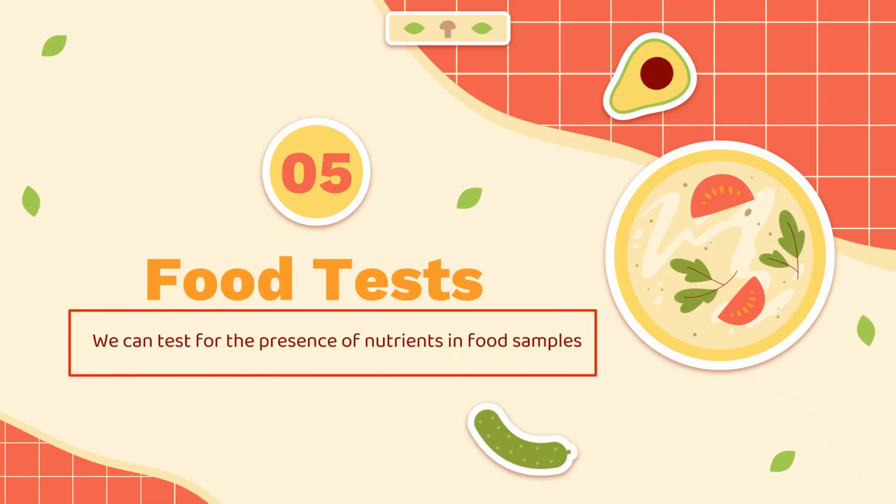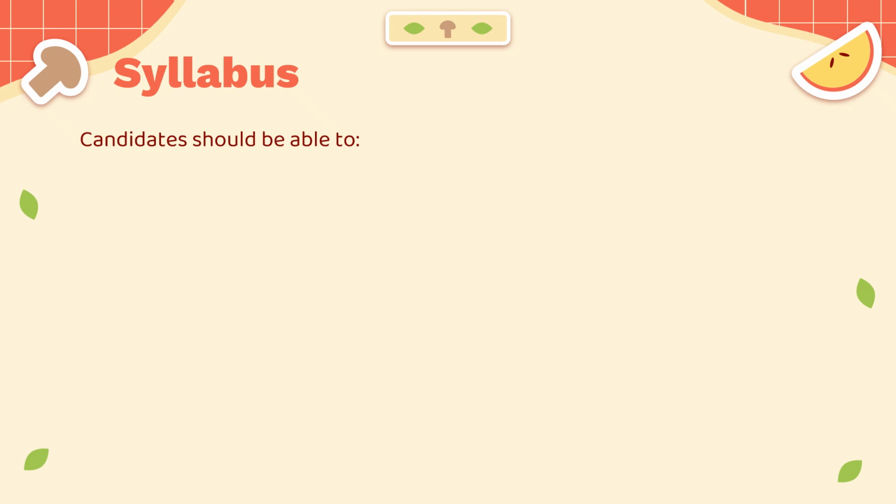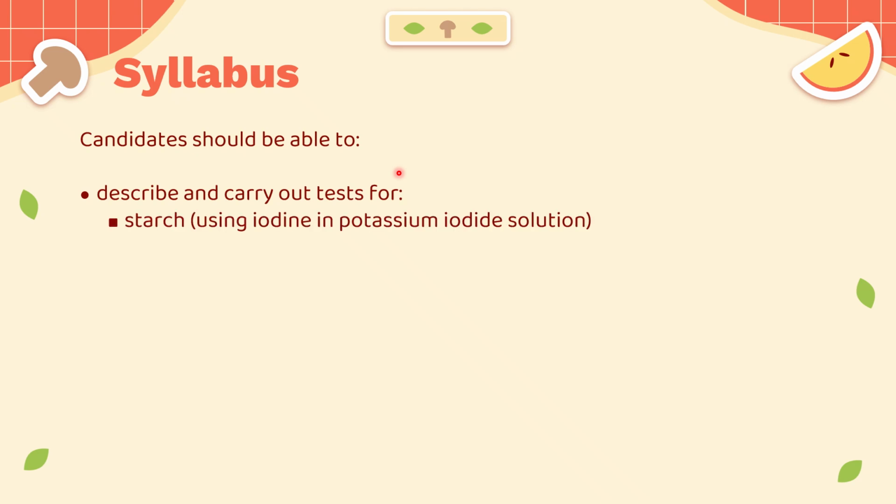And so let's begin. From the syllabus, you have to describe. You can also answer this in theory and practical. You can describe and carry out tests for 4 particular nutrients. You can test for the presence of starch using iodine solution.